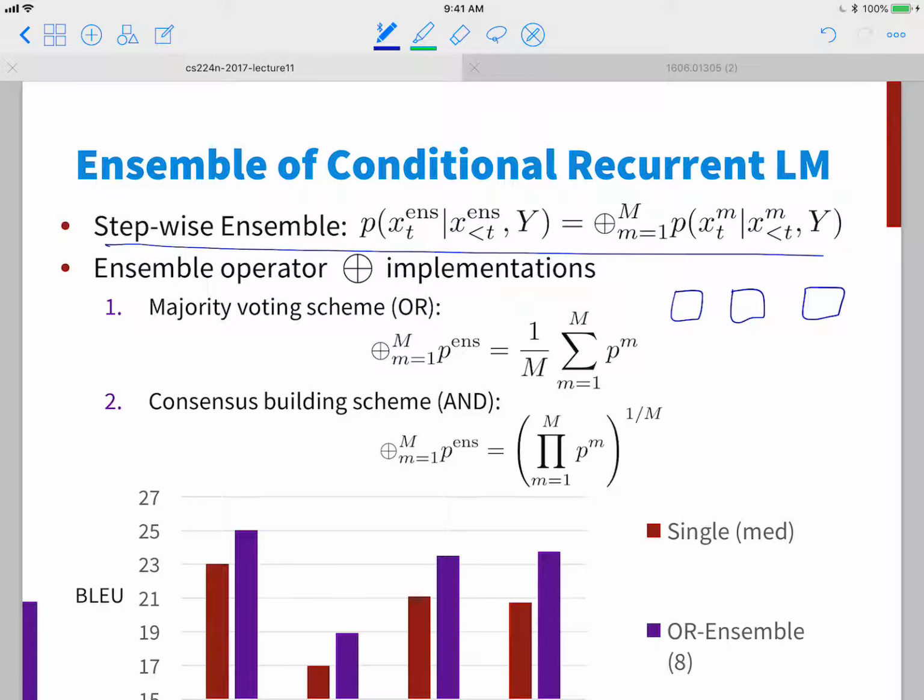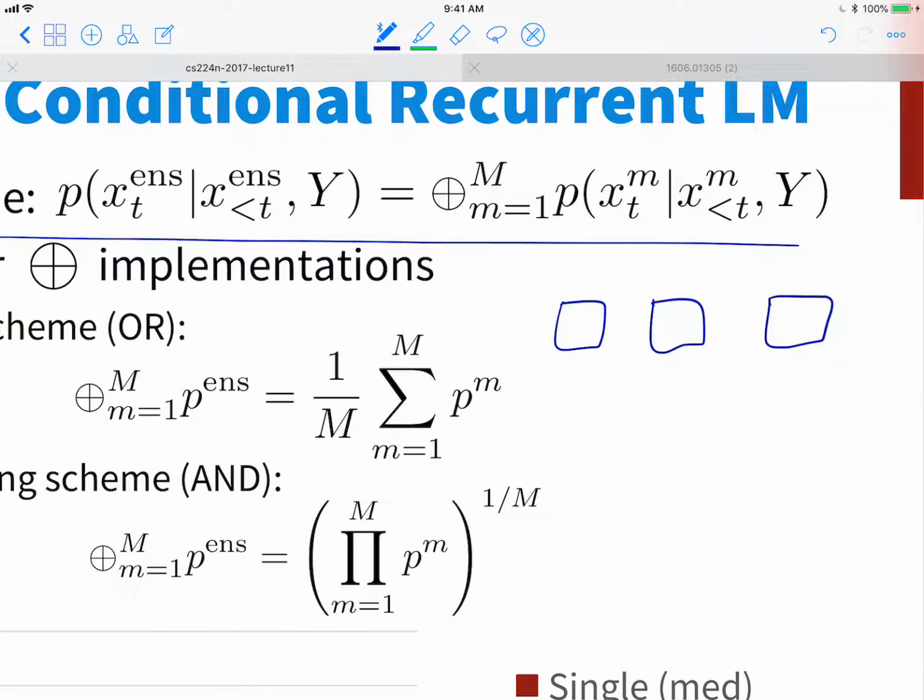Suppose we consider a very simple character level RNN, like H, E, L, and the output should be E, L, L, and so on, right?